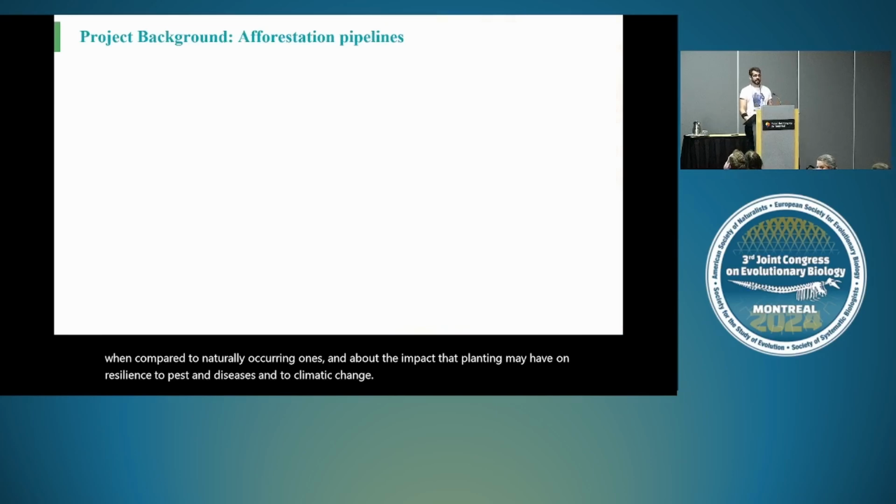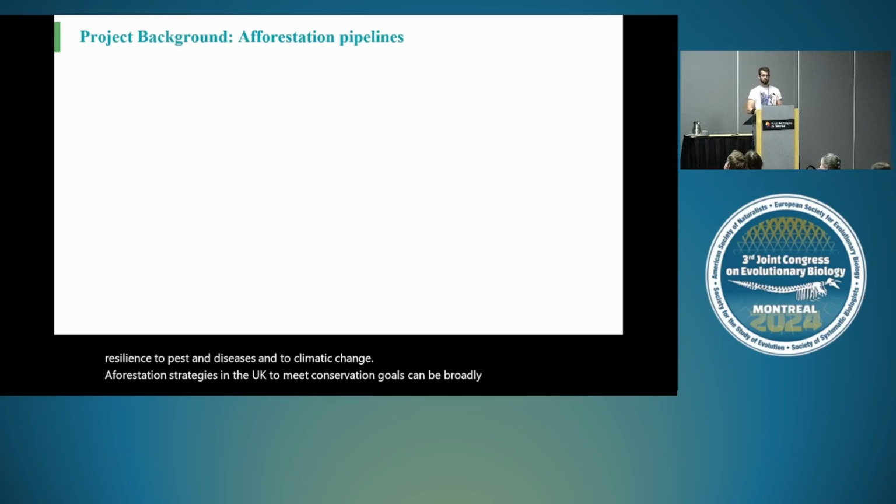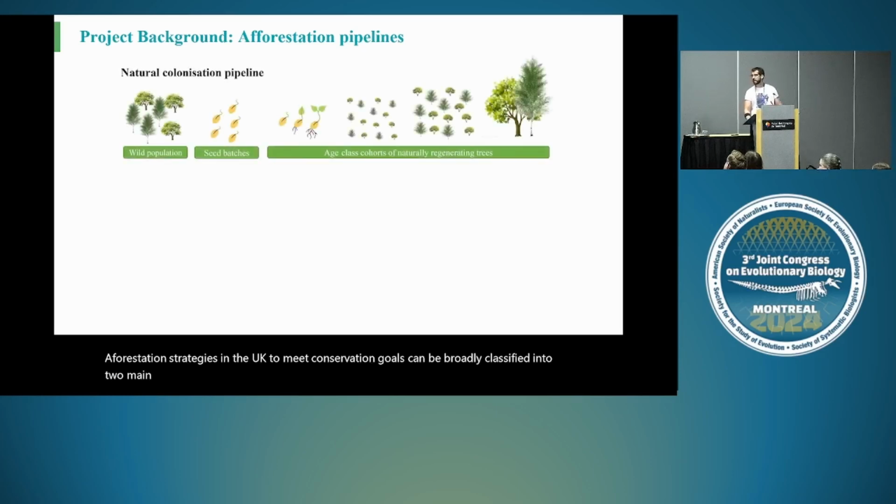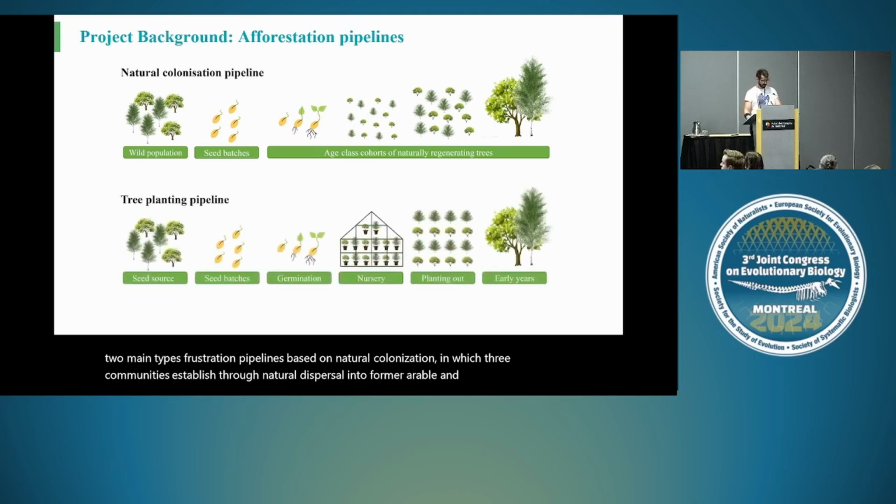Afforestation strategies in the UK to meet conservation goals can be broadly classified into two main types. Afforestation pipelines based on natural colonization, in which tree communities establish through natural dispersal into former arable and farming lands, and afforestation pipelines based on active planting using commercially produced trees.